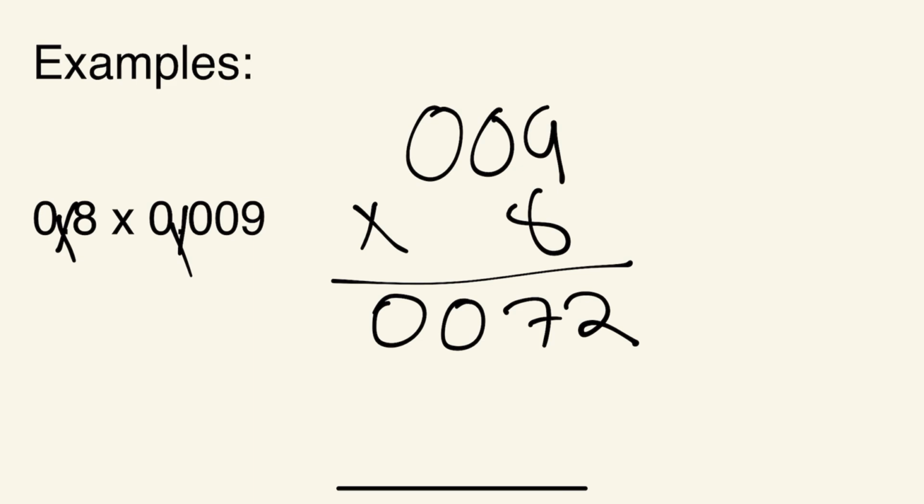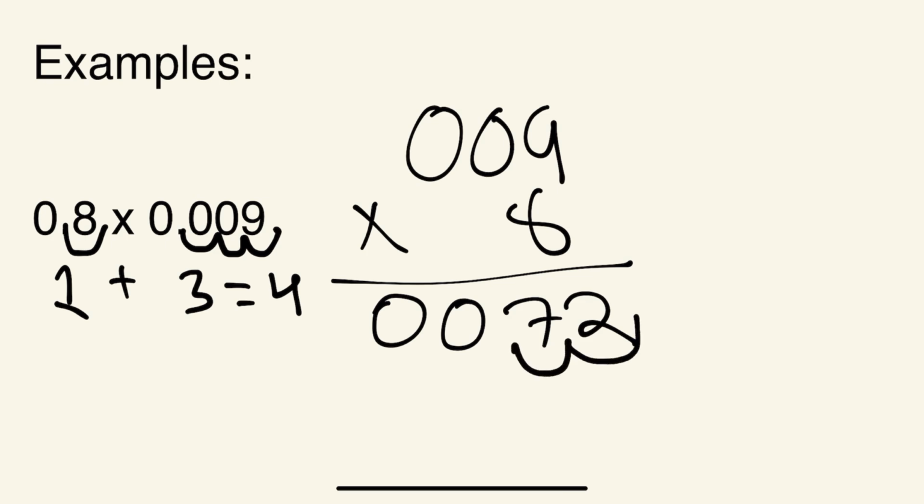Now we have to make it into a decimal. So let's count how many decimal places there are. This is 1, as you can see, plus how many over here? So it's 1, 2, 3. So 3. And we just add them and it's 4. So let's move this 4 to the left. 1, 2, 3, 4.